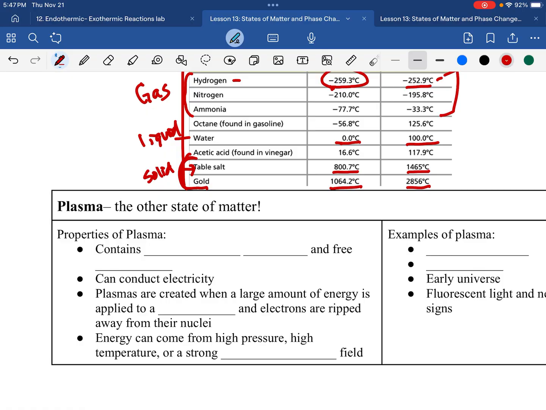Okay. Last thing, plasma, the fourth state of matter. Plasma contains positive ions and free electrons.